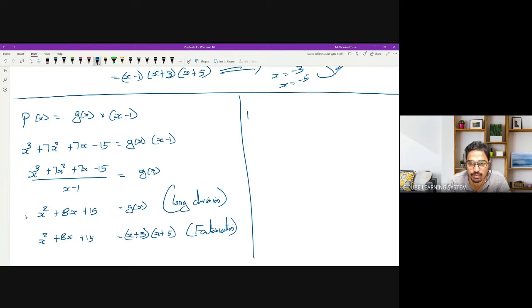So we have p of x is equal to g of x into x minus 1. That is equal to x square plus 8x plus 15 into x minus 1, that is x plus 3 into x plus 5 into x minus 1.